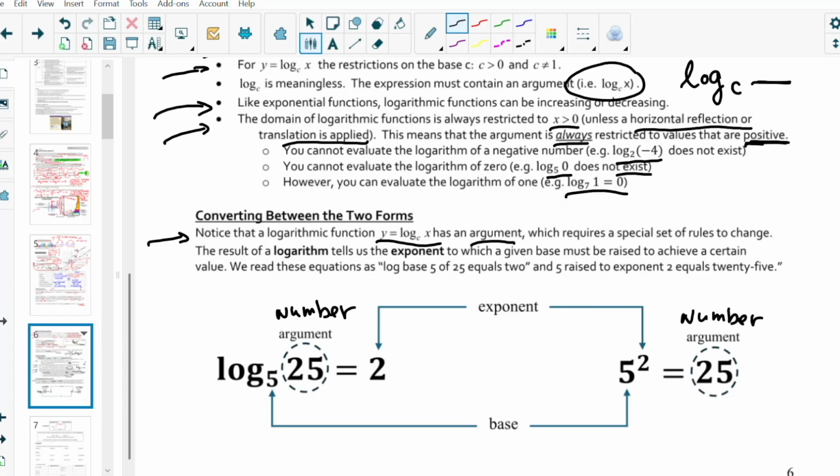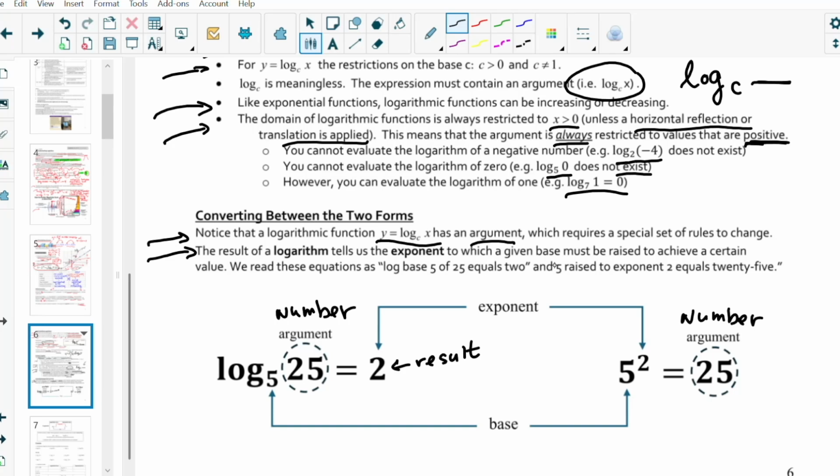Notice that a logarithmic function y equals log base c of x has an argument which requires a special set of rules to change. The result of a logarithm tells us the exponent. When you're executing a logarithmic function on an argument, the result that your calculator or your brain returns after you do the number crunching is the exponent.